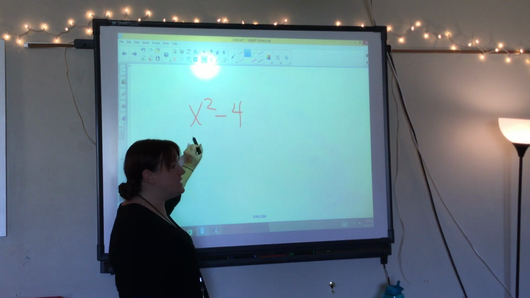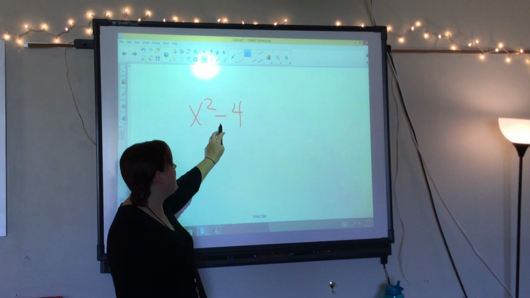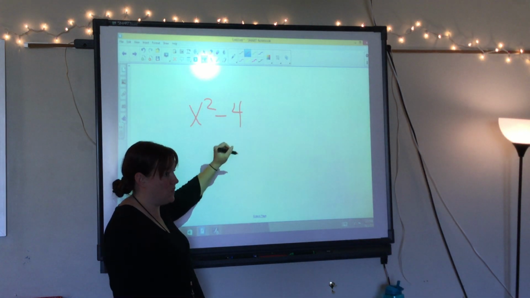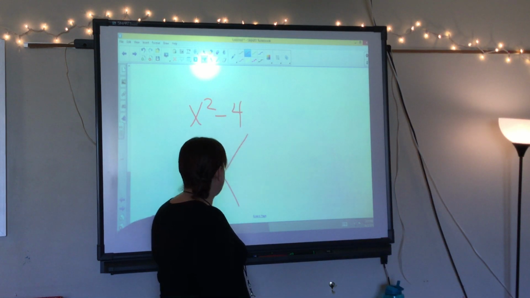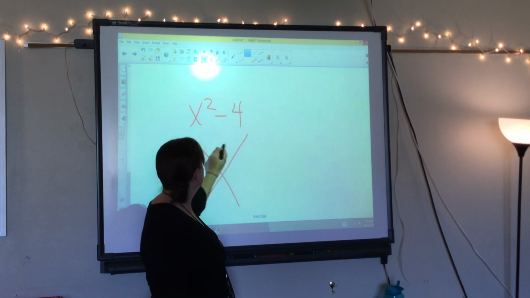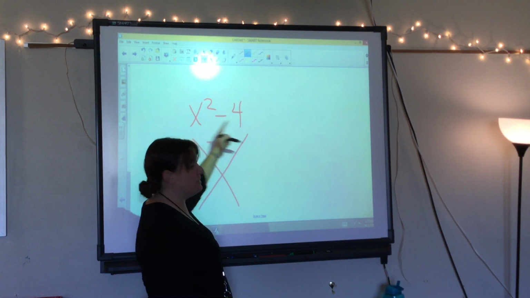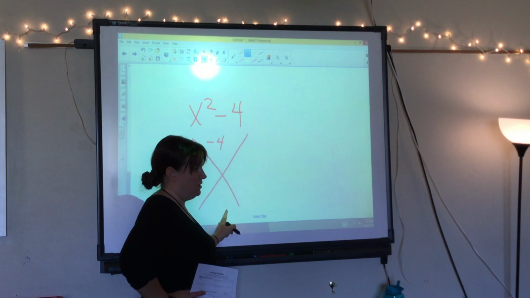When you see this, you recognize it's one perfect square minus another. We could do this with our x method. We could say a times c would be -4, 1 times -4. What is our b?